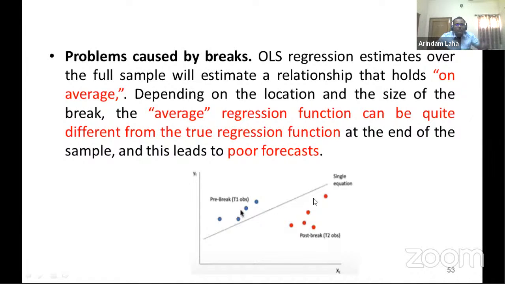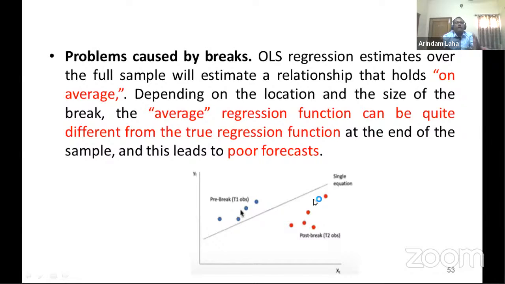In Wales regression over the whole time period, what does it mean? Actually, it gives you an interpretation that your relationship does not change. Your slope and your intercept term do not change. They remain the same. But is it a feasible assumption? No, it is a very tall assumption. It does not appear in real life situations.